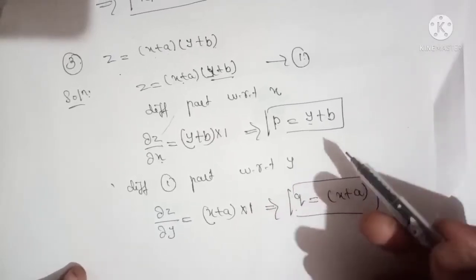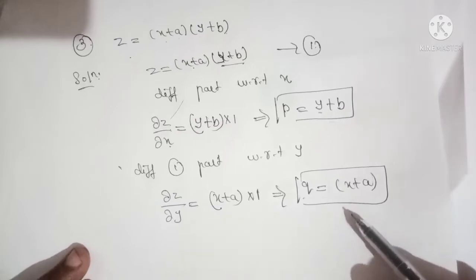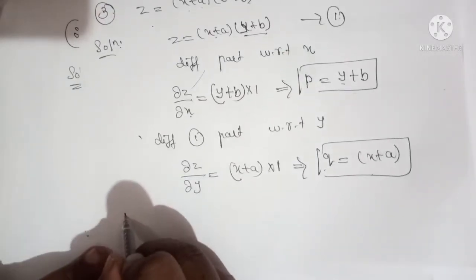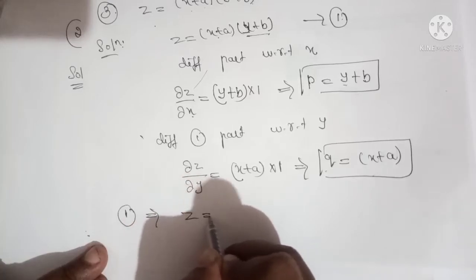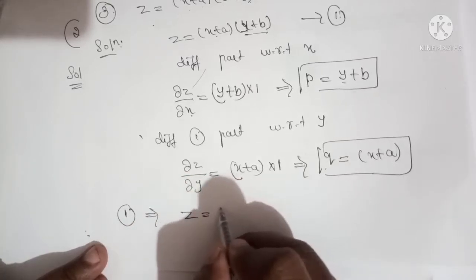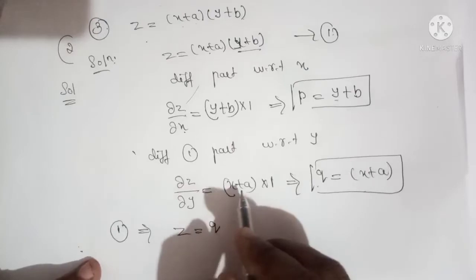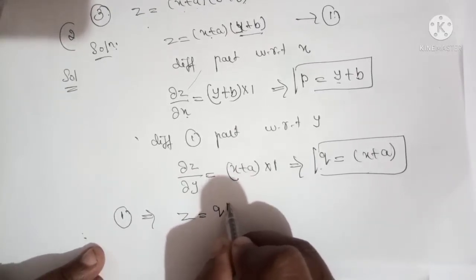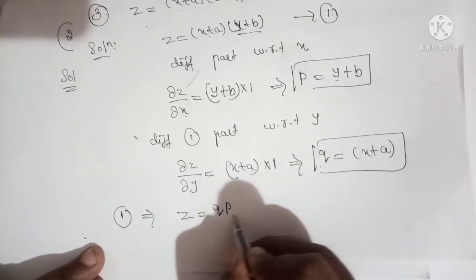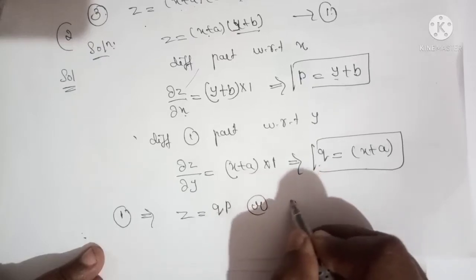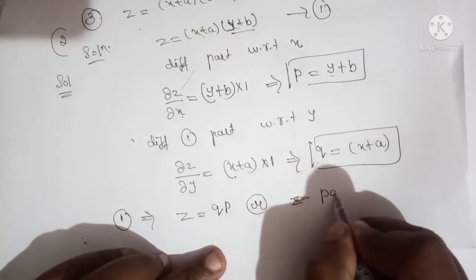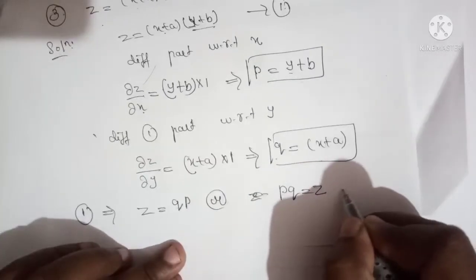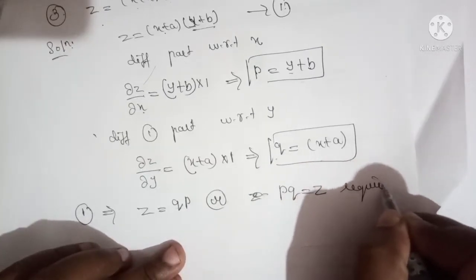Substitute this y plus b and x plus a value in equation 1, so that we get z as it is, x plus a value is q into y plus b value is p. So z is equal to pq, or pq equals z. This is the required PDE.